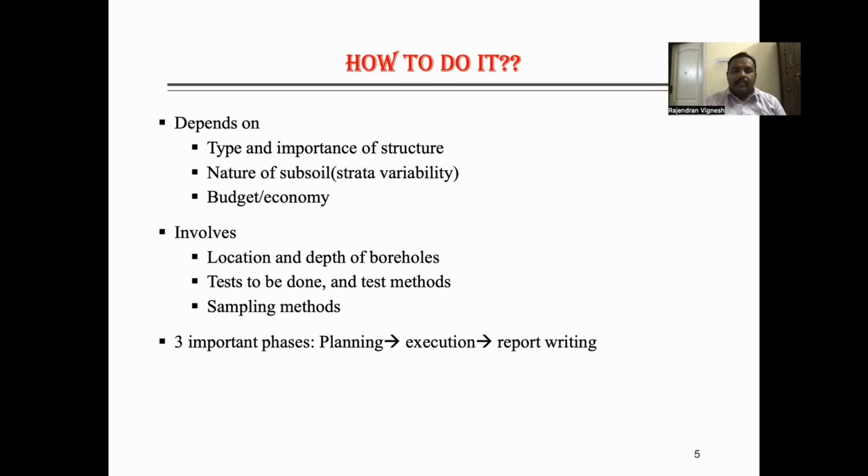So these are the three important phases. If you identify the detailed information regarding a site or the location where we are going for the construction, there will be less uncertainty. Ultimately, if you have planned properly for the soil investigation at the initial stages, there will be less confusion in the later stages. Ultimately, it will reduce the cost of construction.